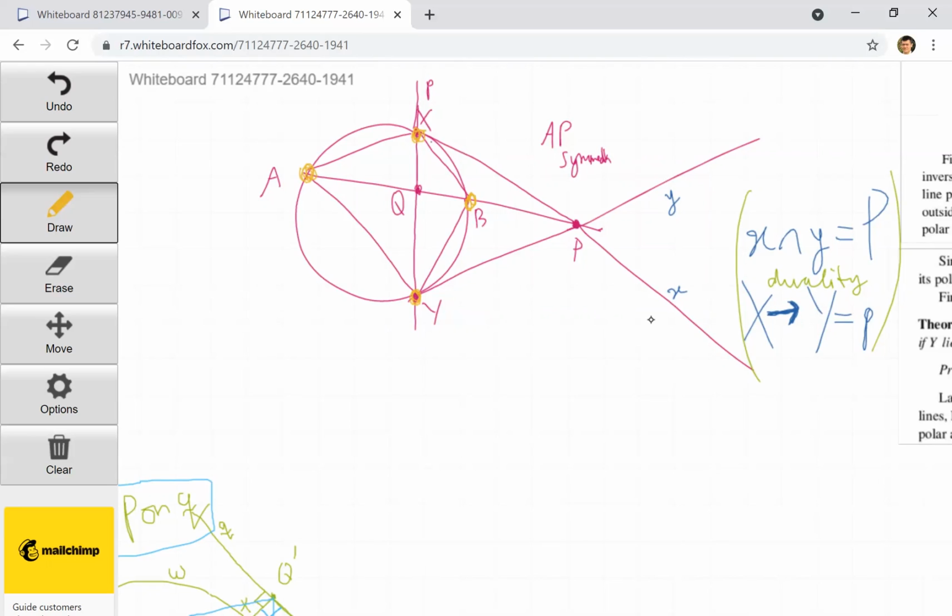Wait, is that what's given? Okay, so it's not given, right? But we know that. So what are we given? We're given a harmonic set. So we're given these 4 points a harmonic, right?